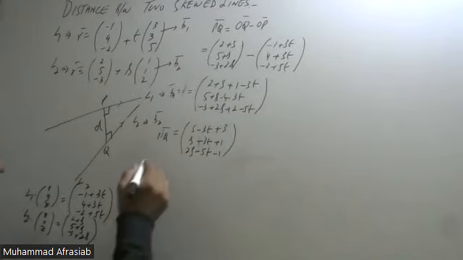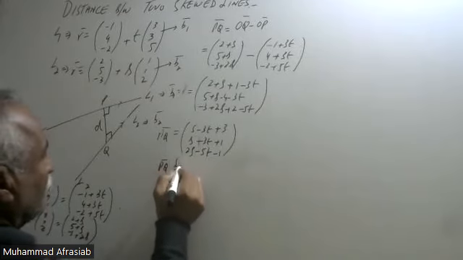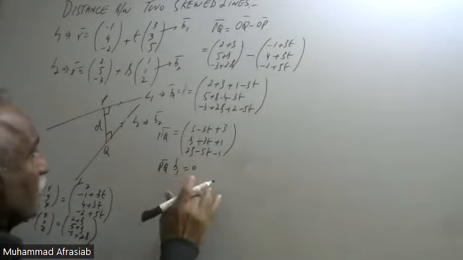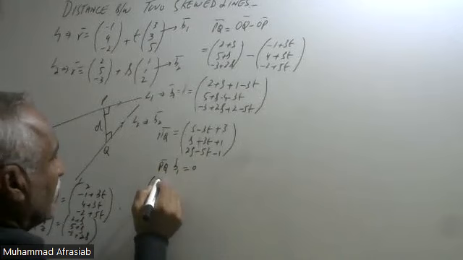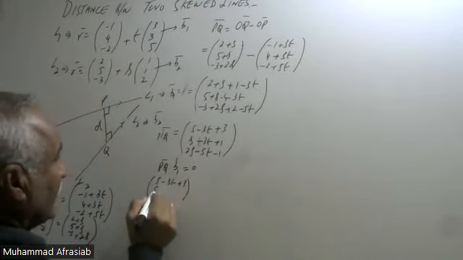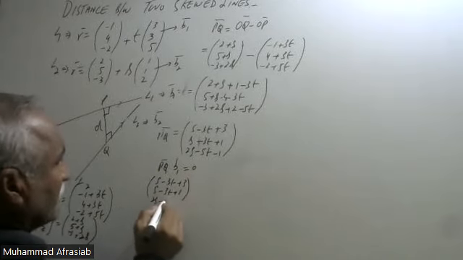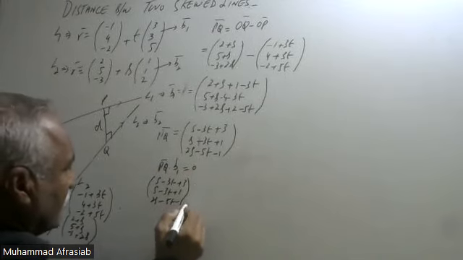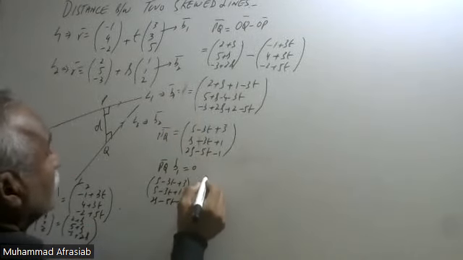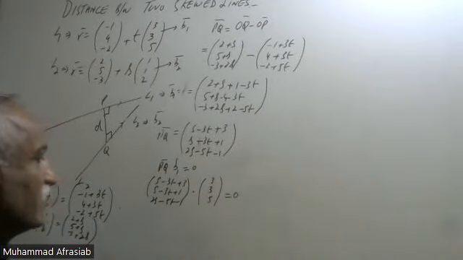So PQ dot B1 should be equal to 0, where PQ is (s minus 3t plus 3, s minus 3t plus 1, 2s minus 5t minus 1) dotted with B1, that is (3, 3, 5), and that is equal to 0 because they are perpendicular.